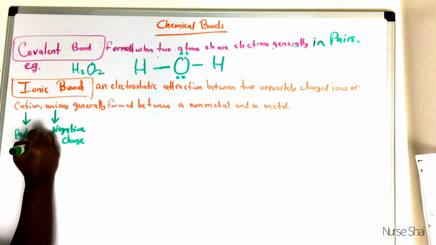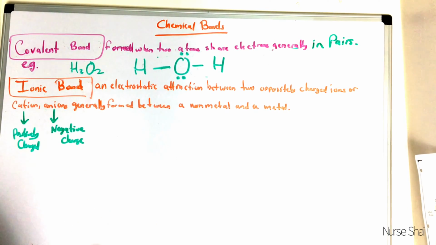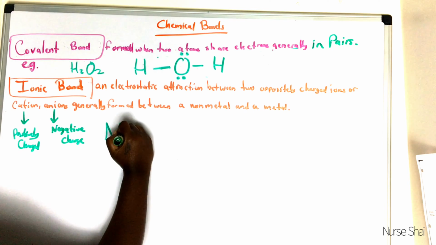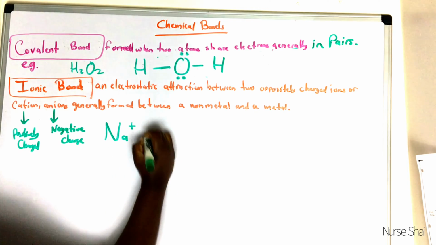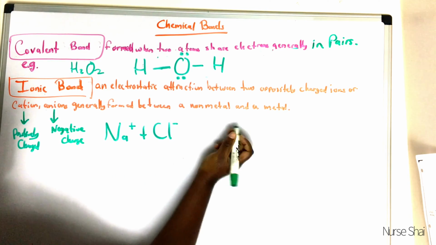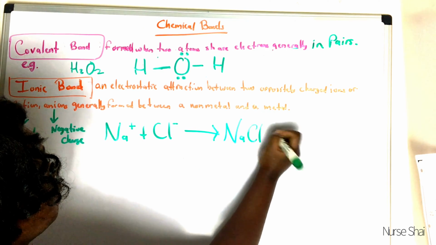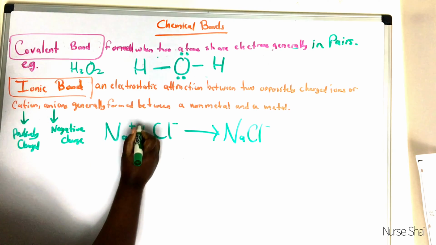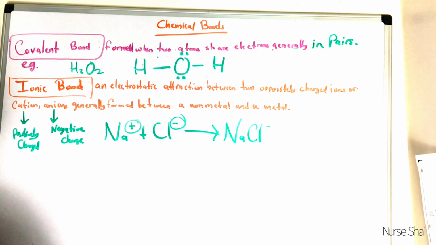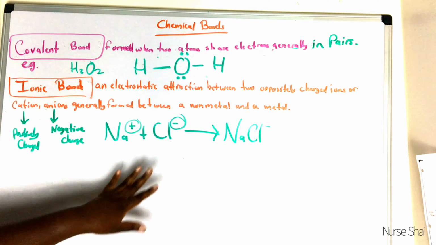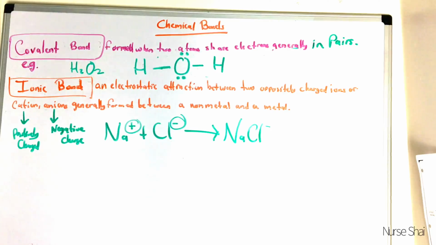So that's how you know you have an ionic bond. And a perfect example of an ionic bond would be sodium plus chloride. The point is, basically, this is a negative, that's a positive, a negative plus a positive. That's the perfect example of an ionic bond. So if you see anything like that on the test, then you know it's an ionic bond.